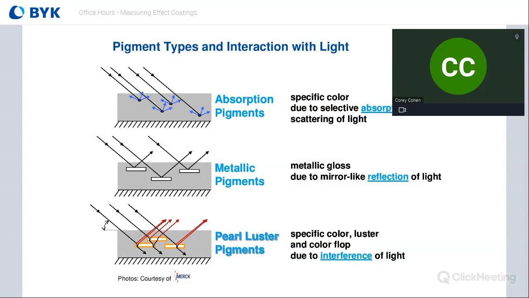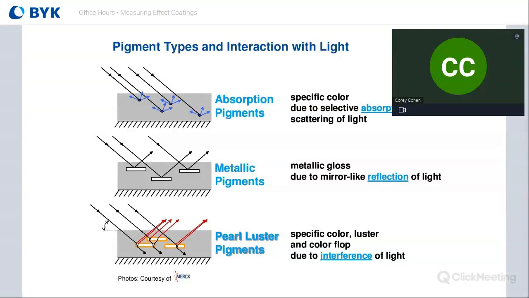Another type of effect coating are pearl luster pigments or pearlescent pigments. And these pigments have special properties where they sort of are transparent to certain wavelengths and are reflective to other wavelengths.